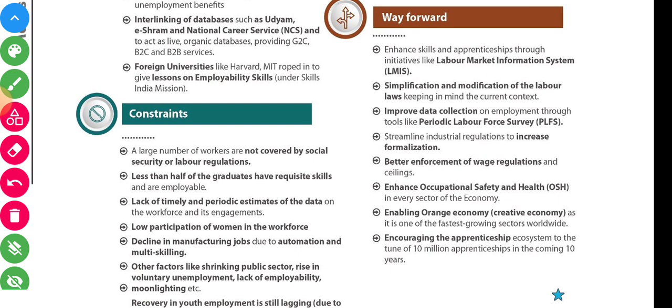Enhance skills and apprenticeship through initiatives like the labor market information system, simplification or modification of the labor laws keeping in mind the current context, improve data collection on employment through tools like periodic labor force survey, streamline industrial regulations to increase formalization, better enforcement of wage regulations and ceilings, enhance occupational safety and health, and enabling orange economy.